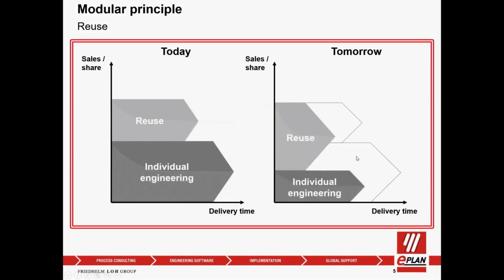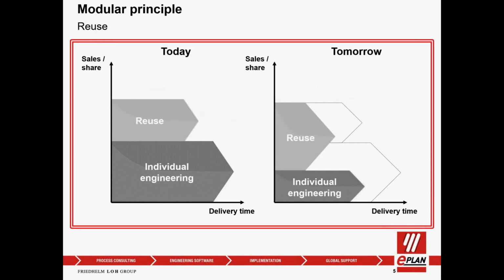So what are we looking at right now? We're looking at a modular principle, a capability of having a certain level of reusability, which is what we are all doing right now anyway. But how can EPLAN help you using that fundamental ideology of reusability? How can it help you achieve a better engineering procedure and also better documentation?